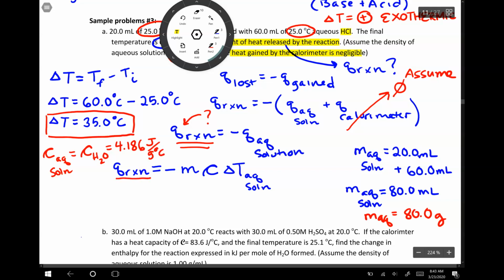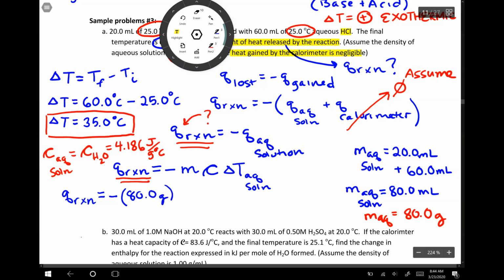Now remember, I'm solving for this Q reaction and I'm plugging into the right-hand side of the equation. So let me get my equation set up here. So Q reaction, the thing that I'm solving for, is going to be negative. My mass here is that 80.0 grams.